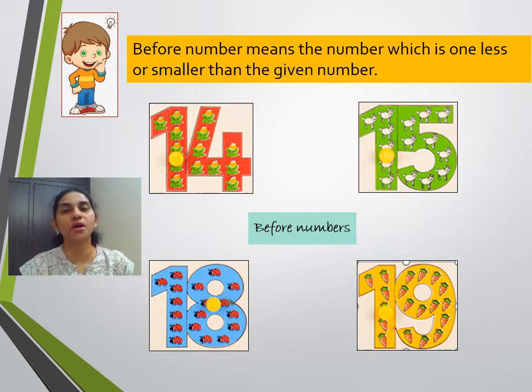So it has two digits. And 15 also the same. 1, 5, 15 is also a two-digit number. 1, 8, 18, two-digit number. Means 1 is standing in tens place and 8 is in ones place. 1, 9, 19 also is a two-digit number. Okay, children, is it clear?